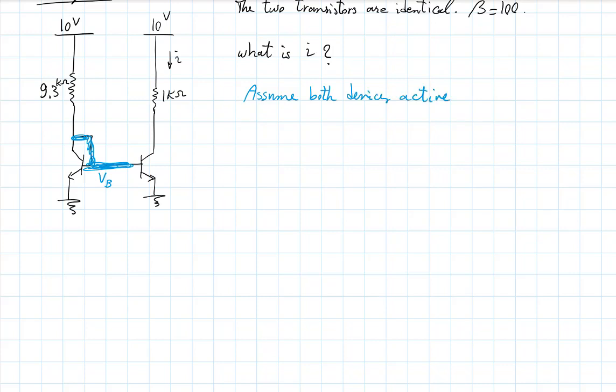Assume both devices are active. What would VB be? No, VB, the voltage at this node. Just look at the circuit. If the transistors are active, what is the drop on the base emitter part? 0.7 volts. So what is VB?